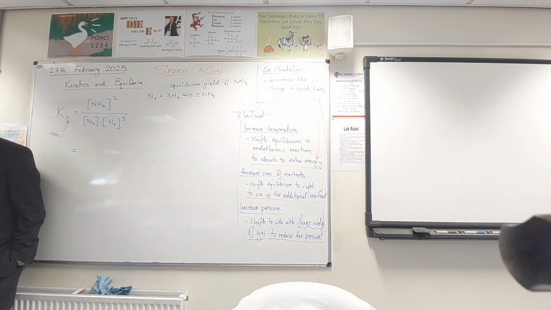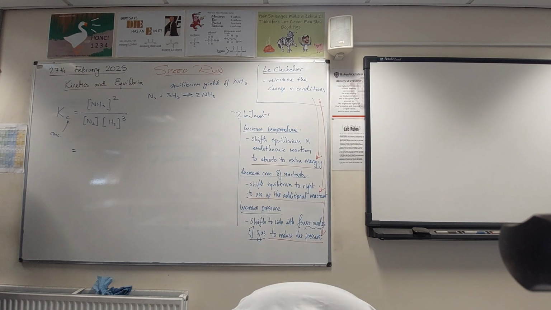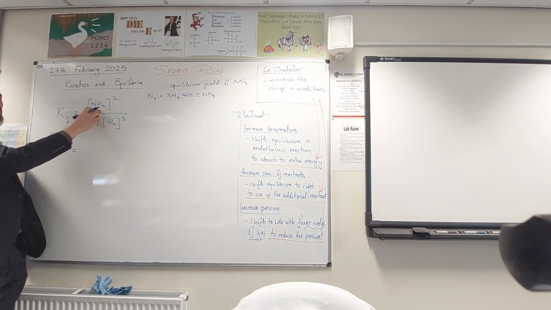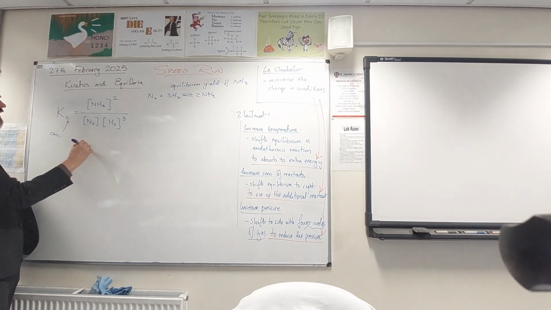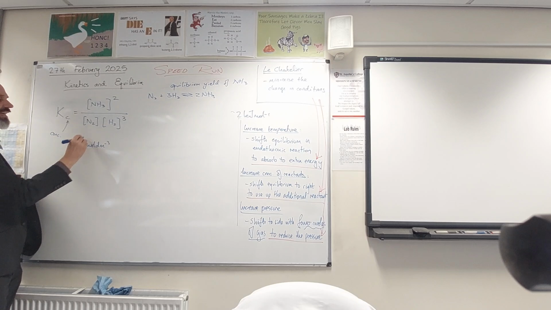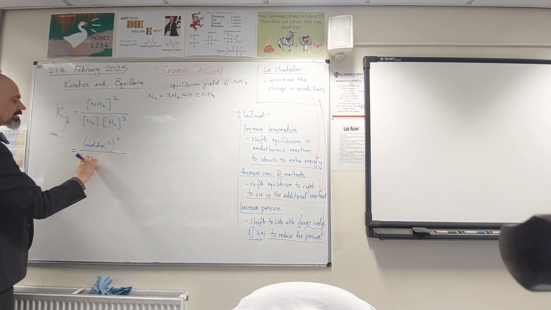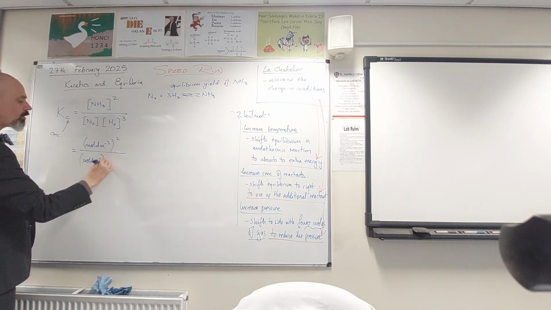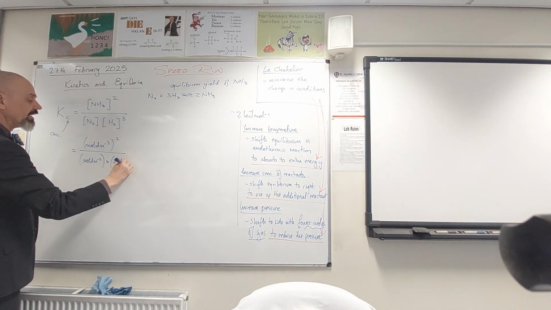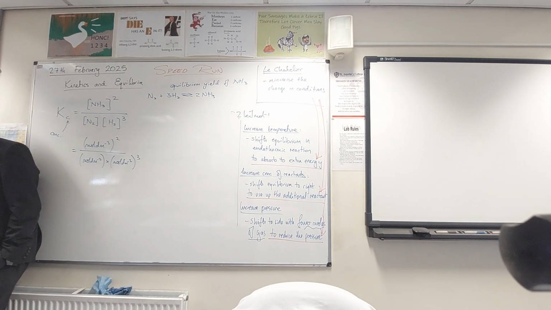If I was to work out the units for this particular Kc for the Haber process, how would I go about doing that? Yeah, so I know that concentration is measured in moles per dm cubed, and then I have to take into account the fact that there's powers in there, so we'd end up with (moles per dm cubed) squared on the top, with (moles per dm cubed) times (moles per dm cubed) cubed on the bottom, which then needs some simplifying.